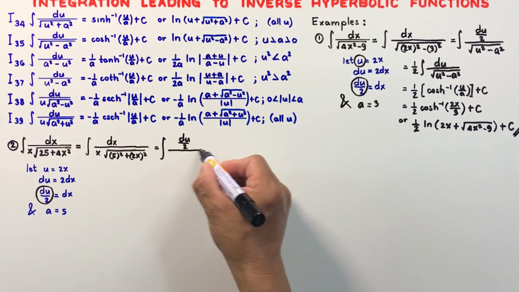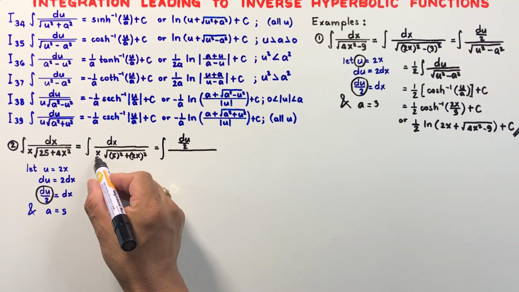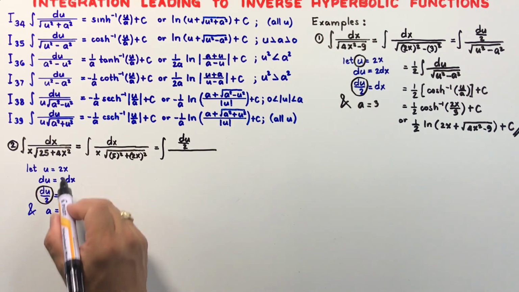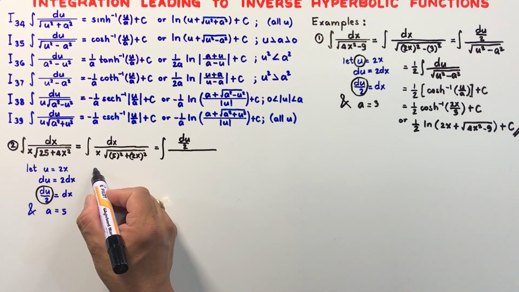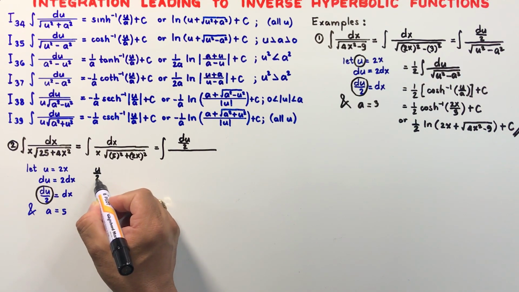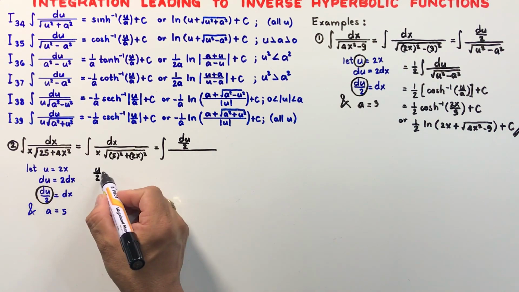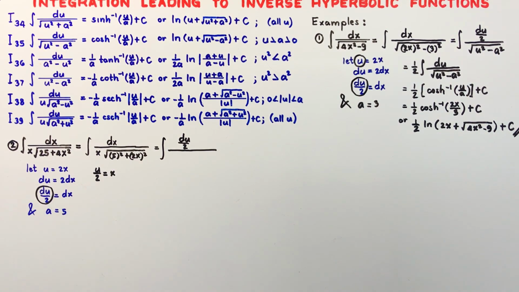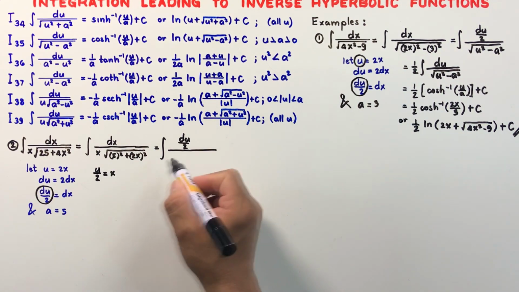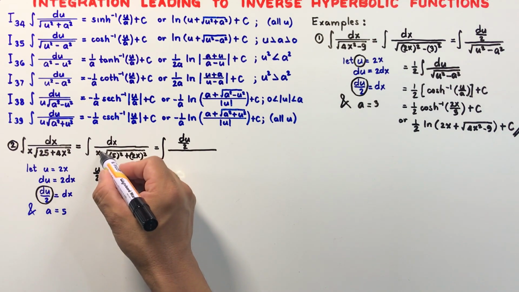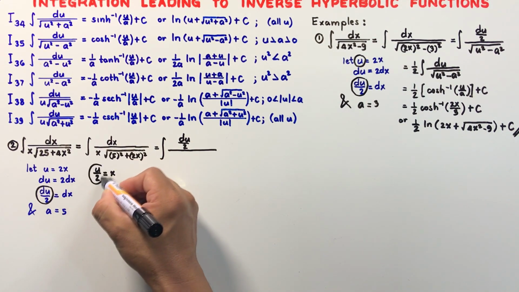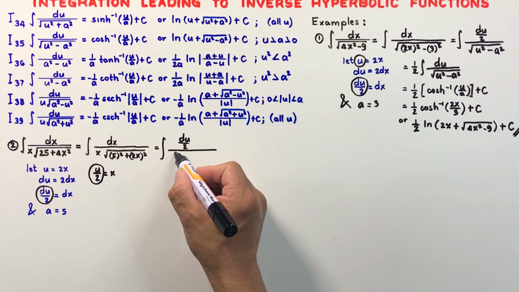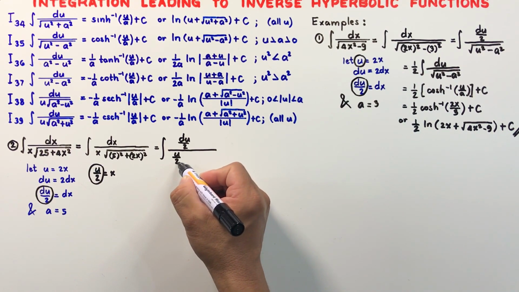And then we have the denominator of x here. So to solve for x, we need to divide both sides of the equation here by 2. So we have u over 2 is our x. So instead of writing x, you will write its equivalent representation, which is u over 2.